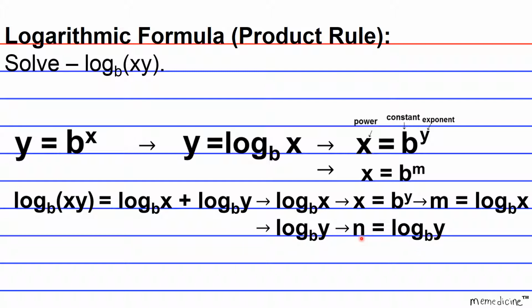We're just using n as a label for this particular expression, or you can even look at this as the dependent variable, okay? Or again, if you were to re-express this using exponential notation, this would then become y, which is our power, equals our base b, our constant, raised to our exponent of n, okay?